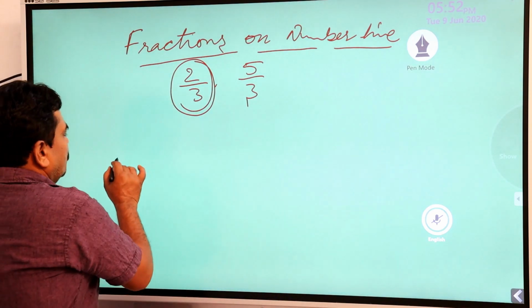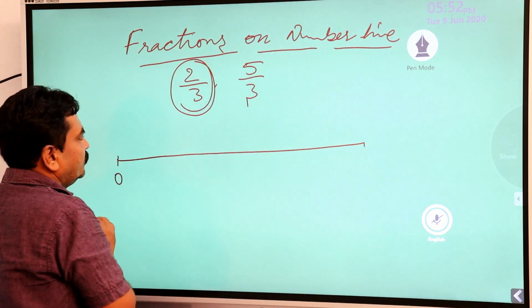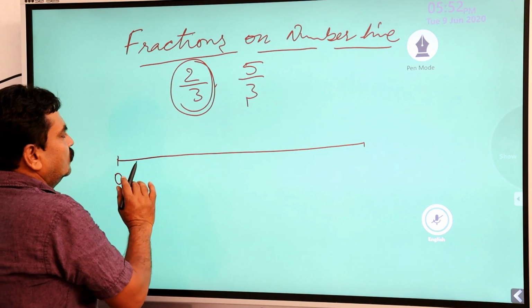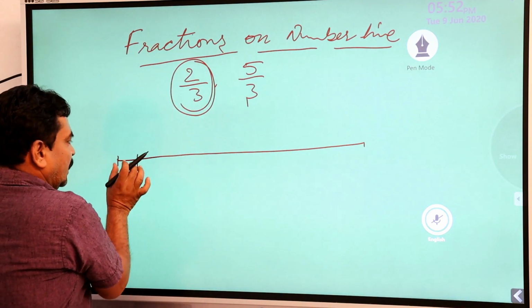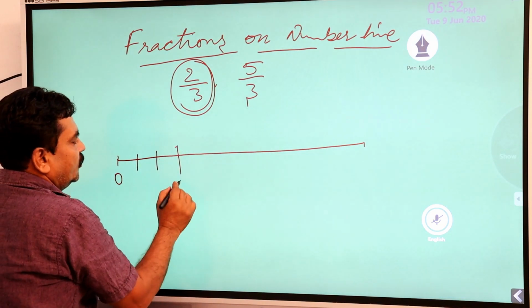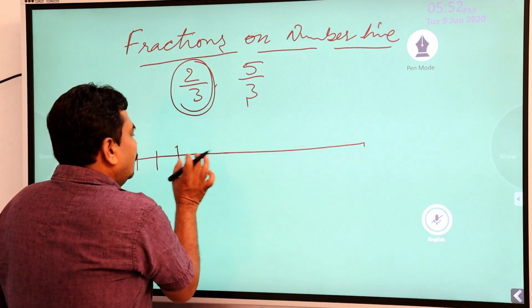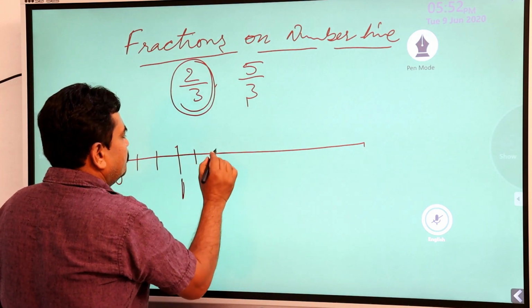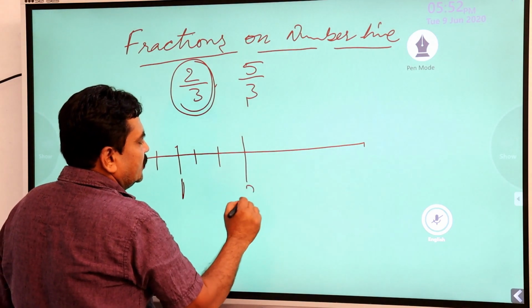Let me show you. Suppose this is your number line. This is 0. After 0, you make 3 parts. 1 part, 2 parts, and this is your 3rd part. You keep it here as 1. Then again 3 parts: 1, 2, this is your 3, this is your 2.